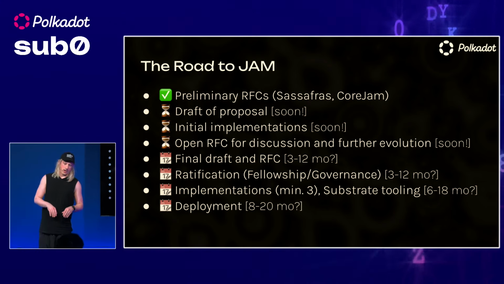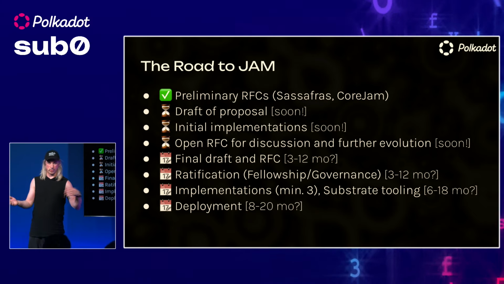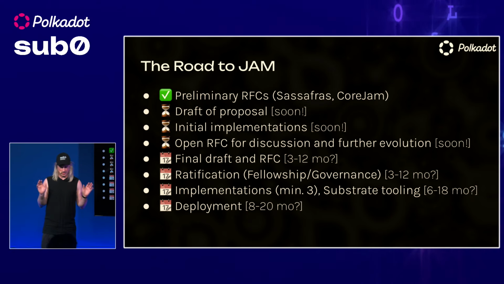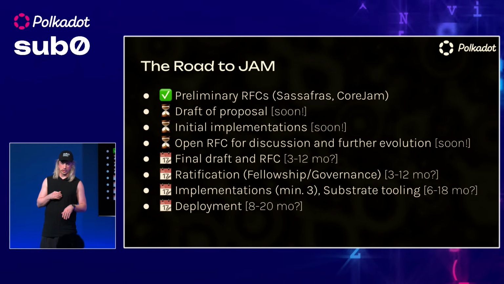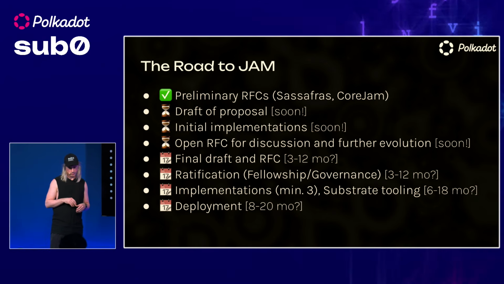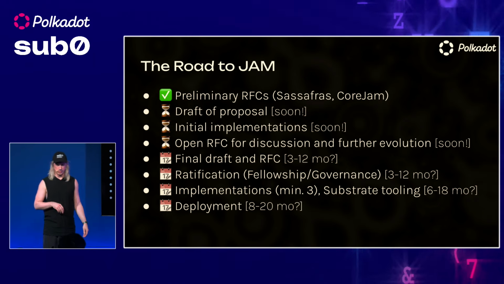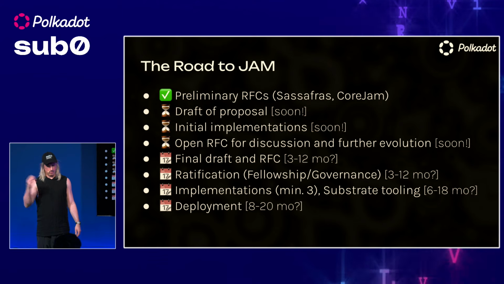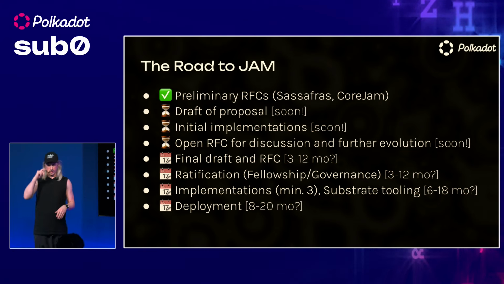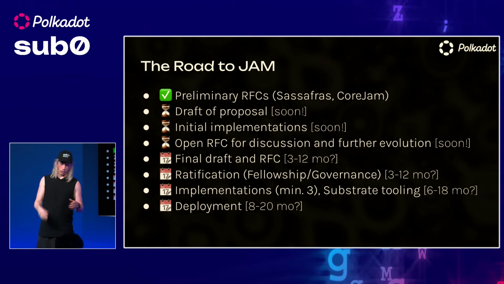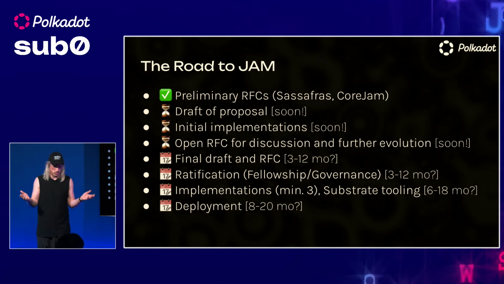Following some months of that, I cautiously estimate between 3 and 12, probably centering on about 6, there would be the final draft of the proposal, which is basically a draft specification and an RFC that says, this is what we want Polkadot to turn into. There'd then be ratification, which would basically be an on-chain vote from fellowship and governance, or one or the other, probably both.